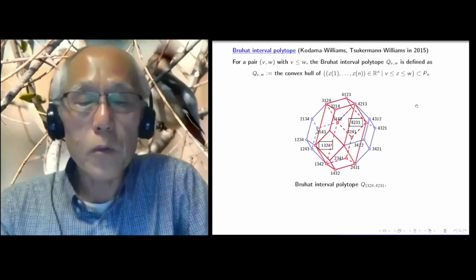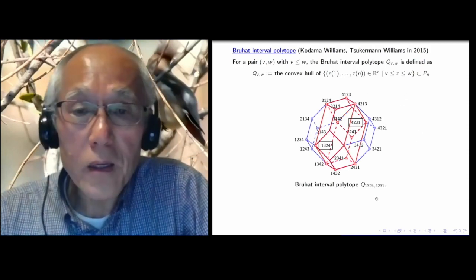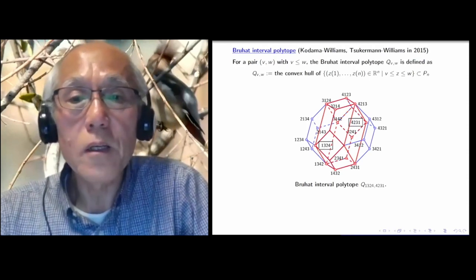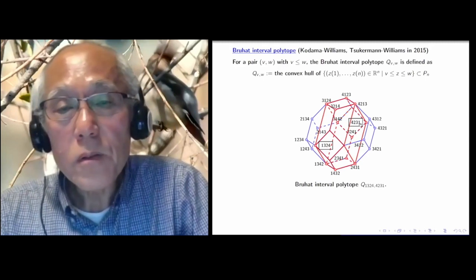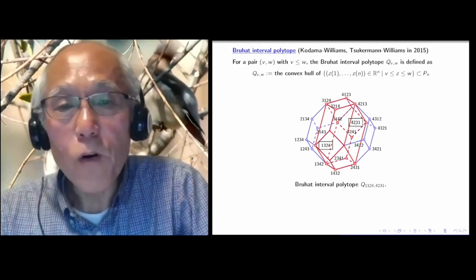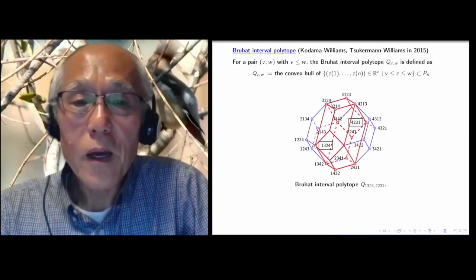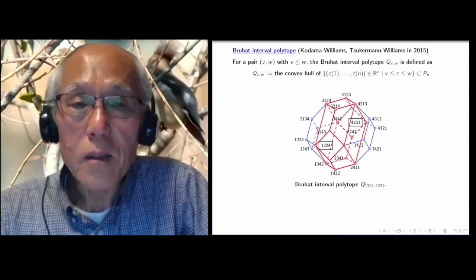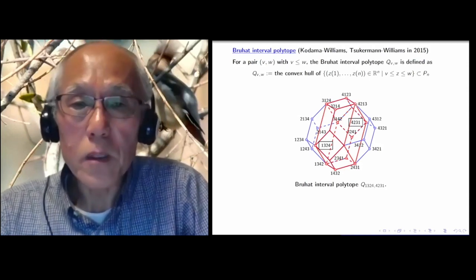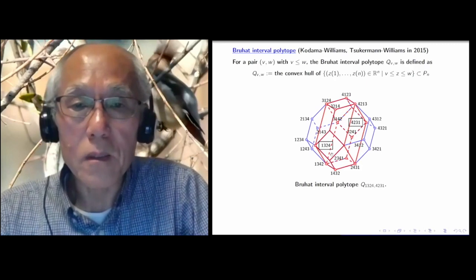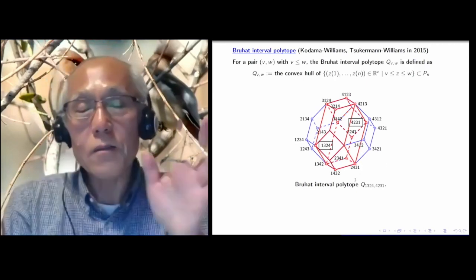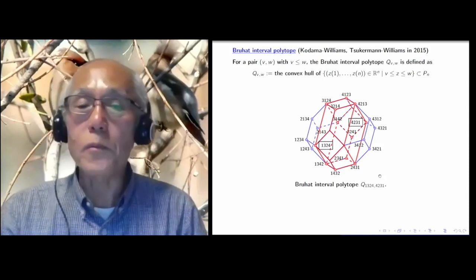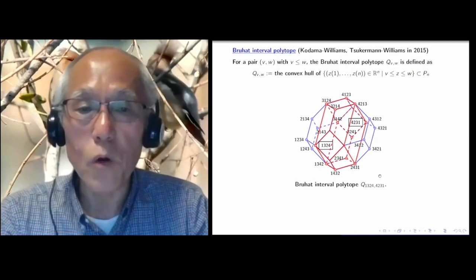So the definition is quite simple, but for instance, if you take B to be 1, 3, 2, 4, and W to be 4, 2, 3, 1, then in between these elements there are many permutations. Then we take the convex hull, and we get this polytope. This is an example of a Bruhat interval polytope.